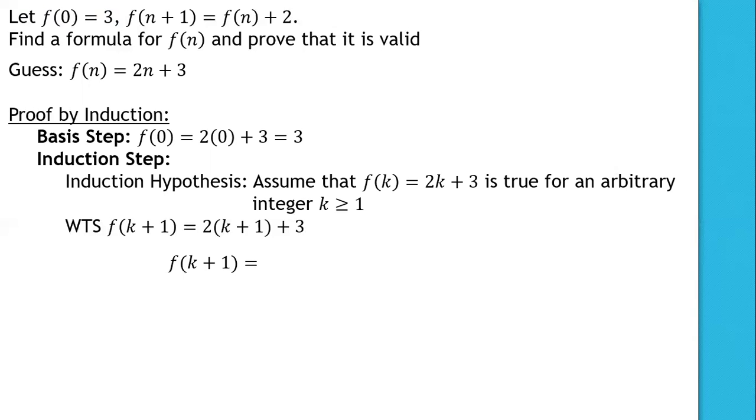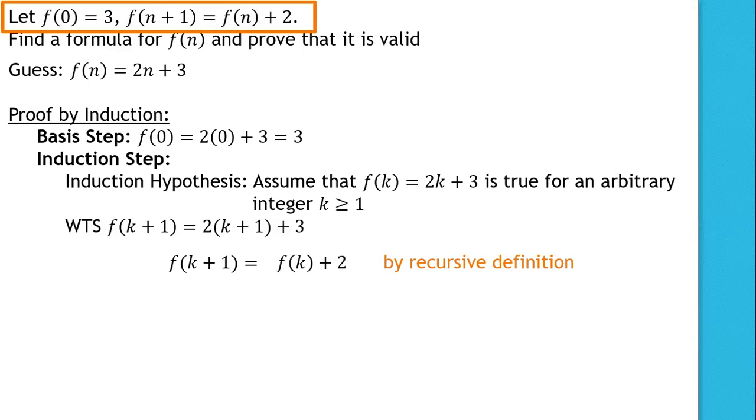So what can we say about f of k plus 1? Well, if we can't use the formula, we can use something that we do know to be true, that is the recursive definition. The recursive definition is going to be true because that's how this thing is defined. So I know, based on the recursive definition, that whatever the formula pumps out had better be the same as f of k plus 2.